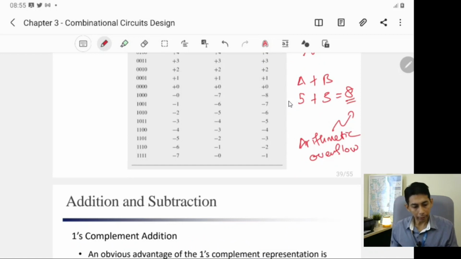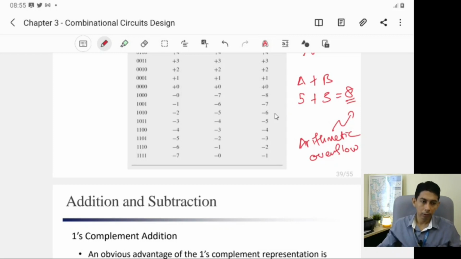Arithmetic overflow is simply when we do an arithmetic operation on any operand or number, and the result does not fit in our system. If we use 4 bit, for example, and our result is more than 7 or less than minus 8, then we call it arithmetic overflow occurring, or arithmetic overflow happening.